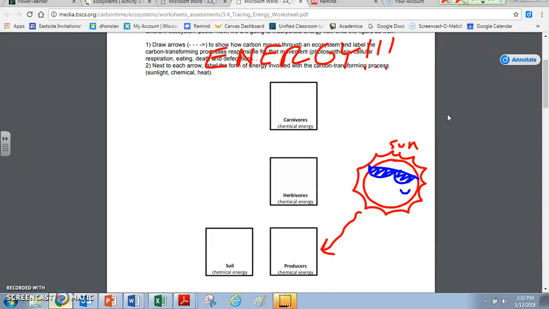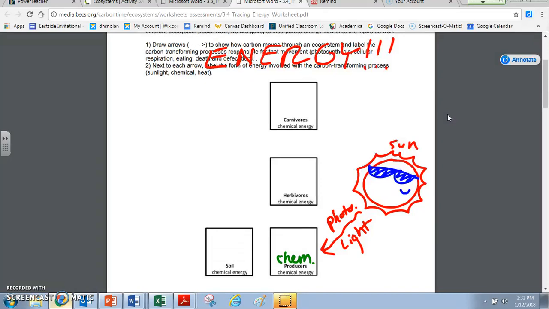They take that sunlight energy, in the form of light energy, and they perform photosynthesis. They are able to take that light energy and use photosynthesis to produce chemical energy. So the producers, like plants, are able to produce chemical energy from something like light from the sun. So this is where the energy first shows up. It comes in from the sun.